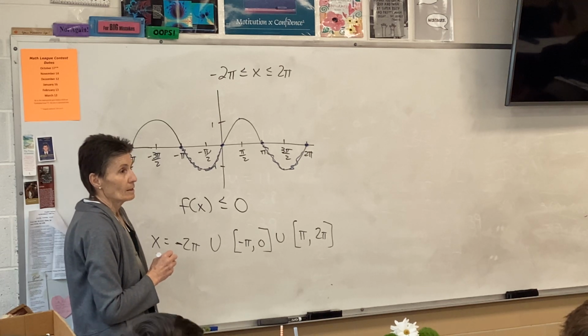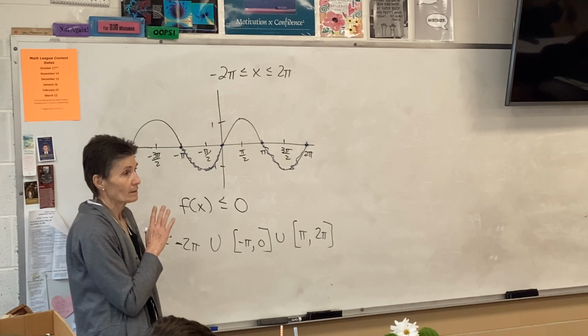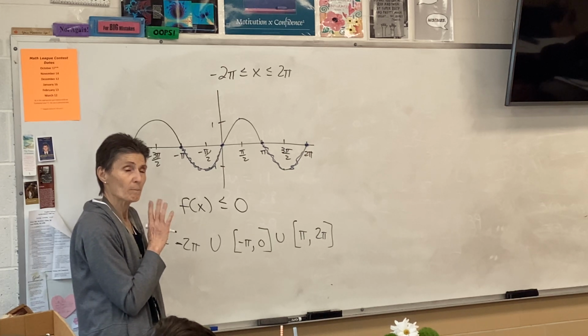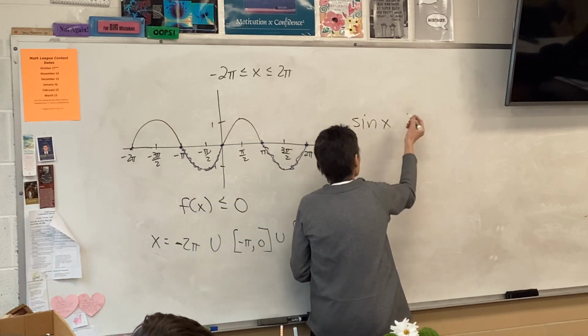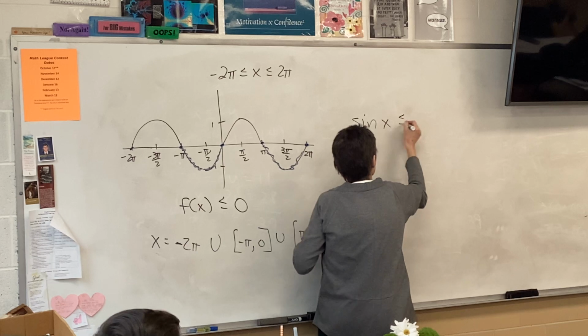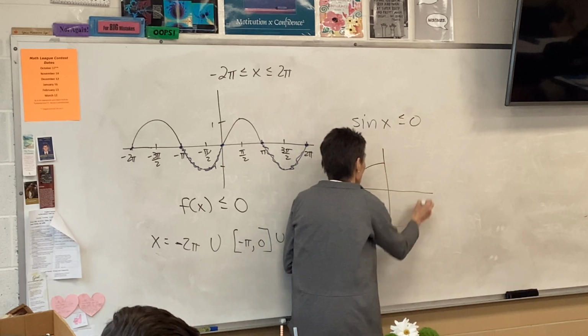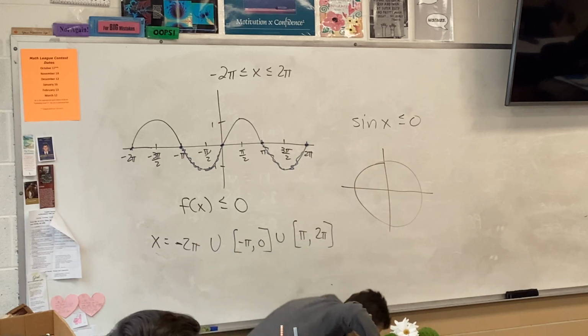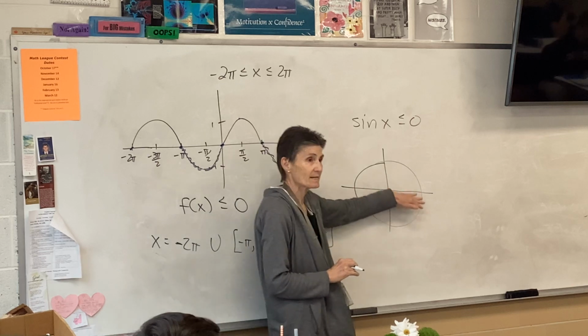Now, I want you to think about that, because the graph is great, but you can also do a problem like this on the unit circle. If I said I need sine to be less than or equal to 0, where does that happen on the unit circle? Isn't that down here?